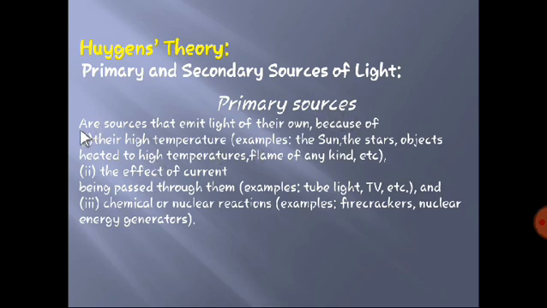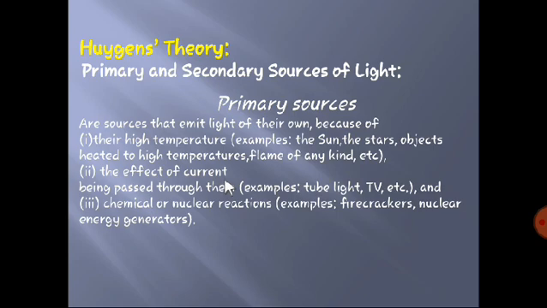Again I am saying that primary sources are the sources that emit light by their own because of their high temperature. What are the primary sources which emit light due to their high temperature? Examples will be the sun and other stars. They emit light waves in the forward direction due to their high temperature itself, right?